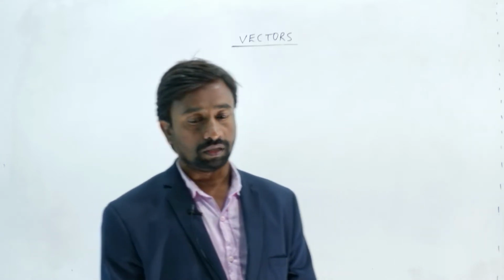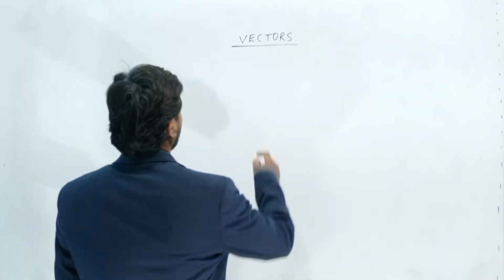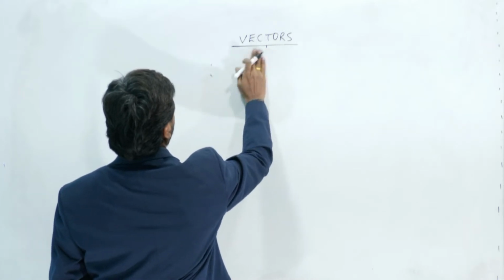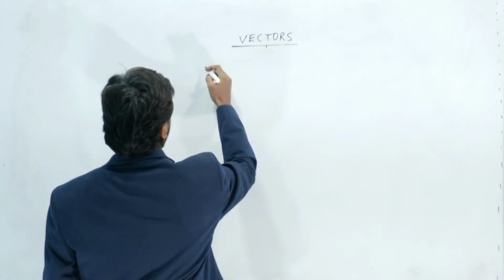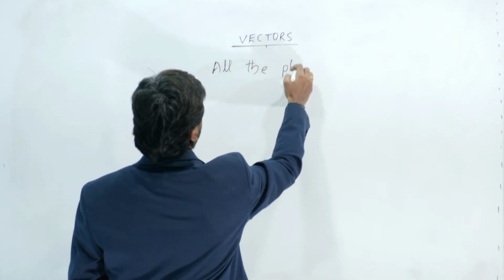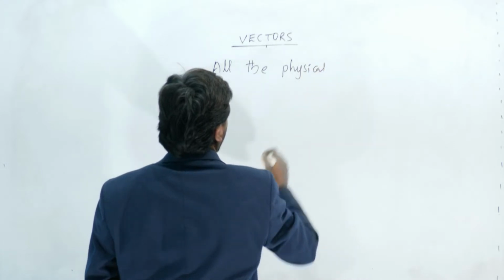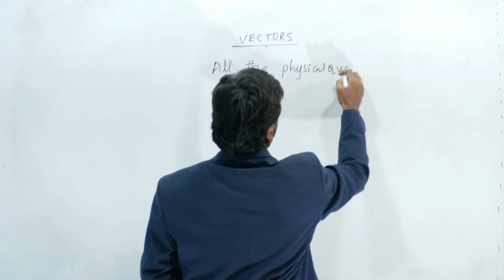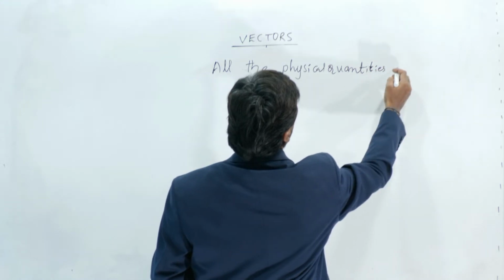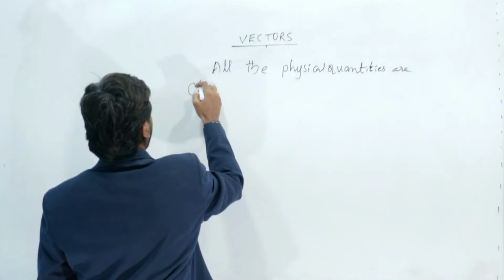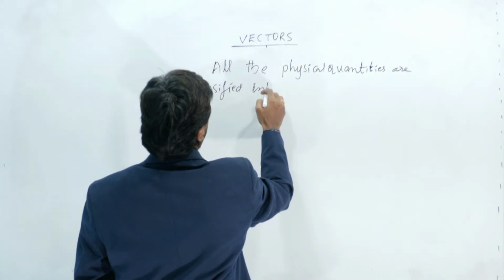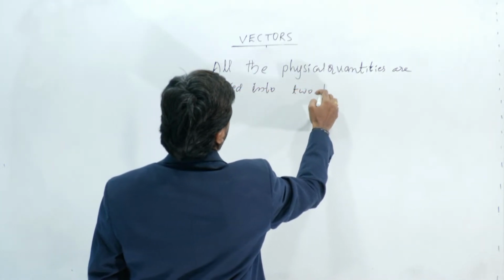So all the physical quantities are classified into two types.